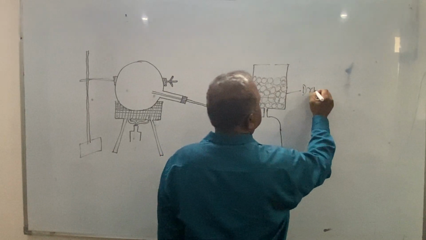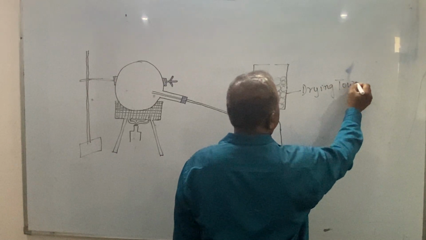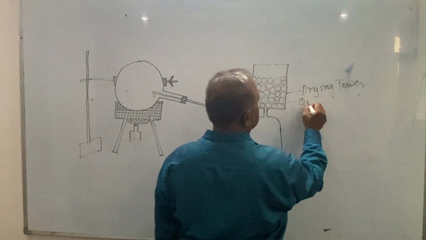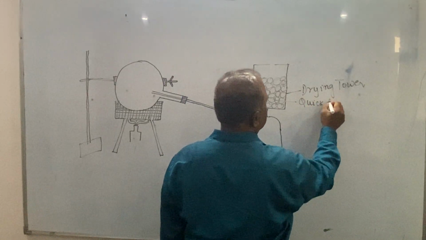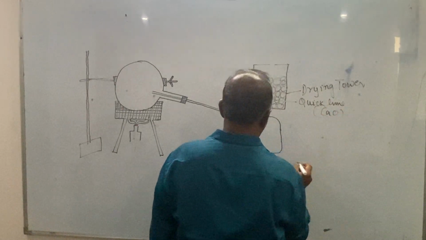This is your drying tower. Inside you have got the quicklime, which is calcium oxide, CaO.